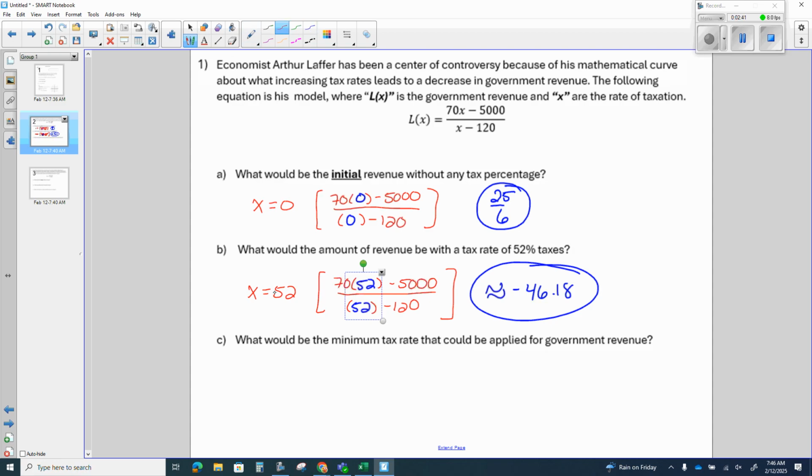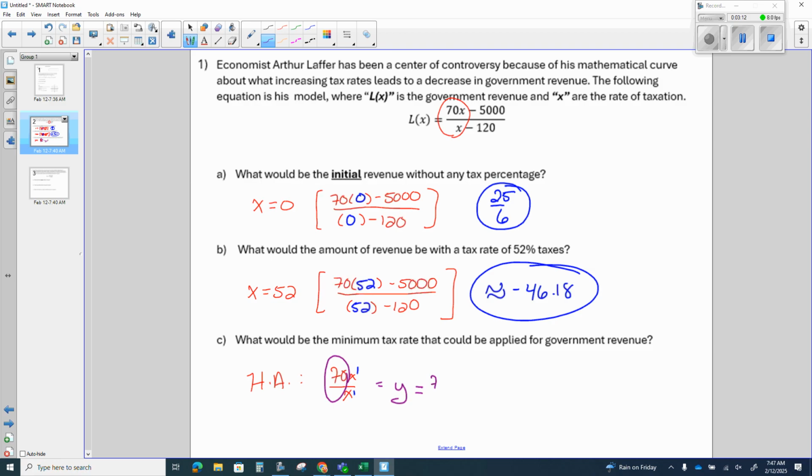All right, the last one here, what would be the minimum tax rate to apply for revenue? Well, this really is talking about that horizontal asymptote type question. So remember, the horizontal asymptote looks at our leading coefficients. That's the 70x over x. If these degrees, the little exponents, are both 1, and if they are the same, which in this case they are, then your equation is going to be the ratio of the coefficients.